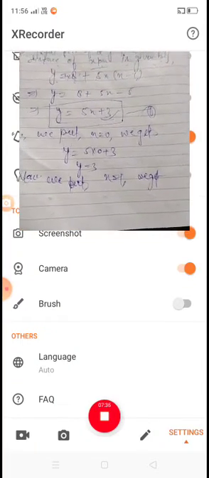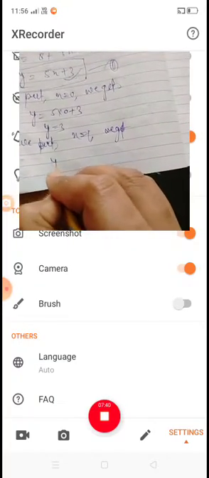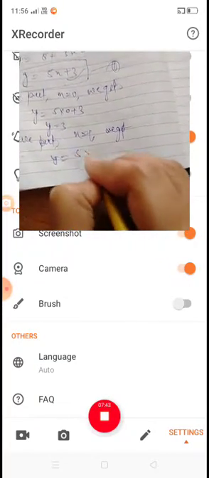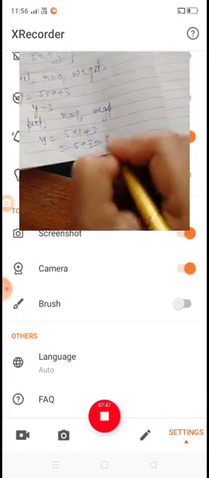We get y is equal to 5 into 1 plus 3, that is 5 plus 3, that is 8.